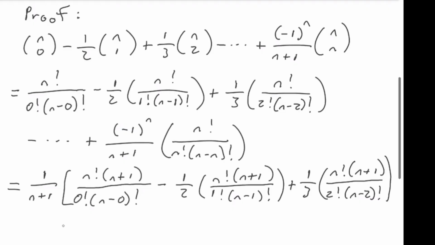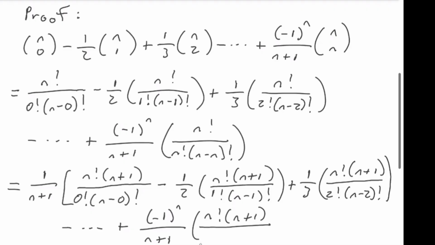And then minus dot dot dot plus, and here I'll have negative 1 to the n over n plus 1 times n factorial times n plus 1 over n factorial times n minus n factorial. And you'll see why I kept the 1 over n plus 1 here.